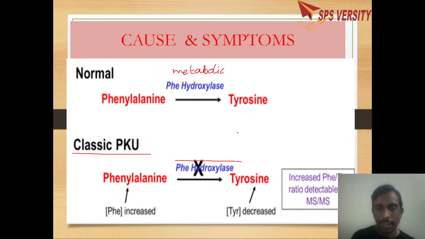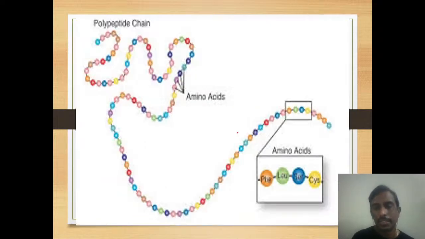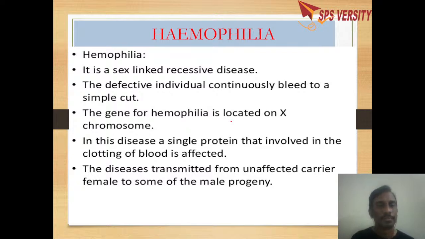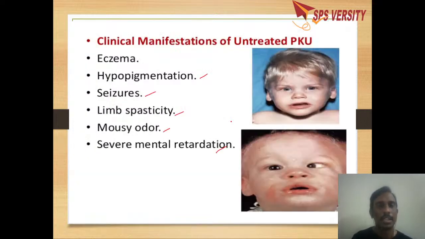When phenylalanine increases, what will happen? You can see: eczema, hypopigmentation, less pigment, seizures, limb spasticity, mousy odor, mental retardation. So these are the symptoms.